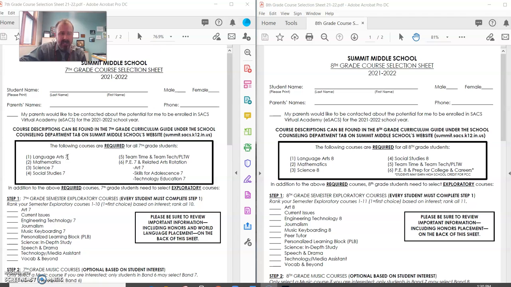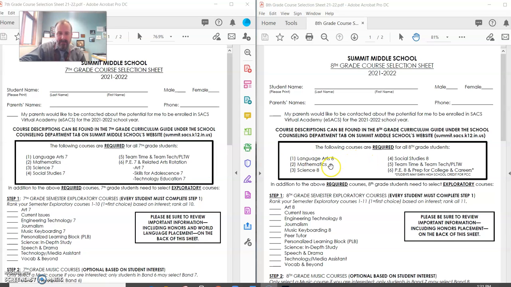Just one language arts class, a math class, science, social studies, the team and tech class, and then a required rotation in the 7th grade where you have 3 6-week classes of PE, Art 7, Skills for Adolescents, and Tech Ed.